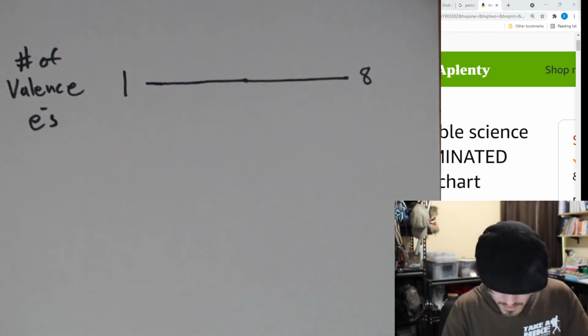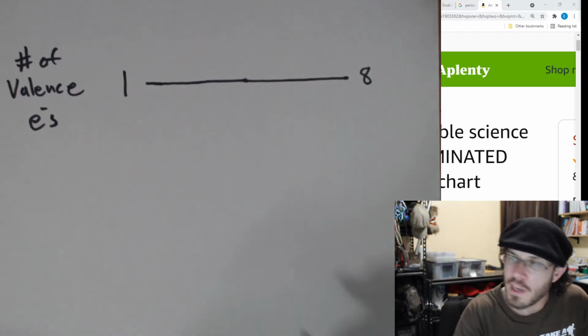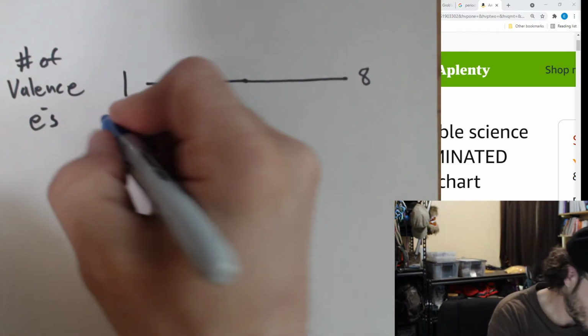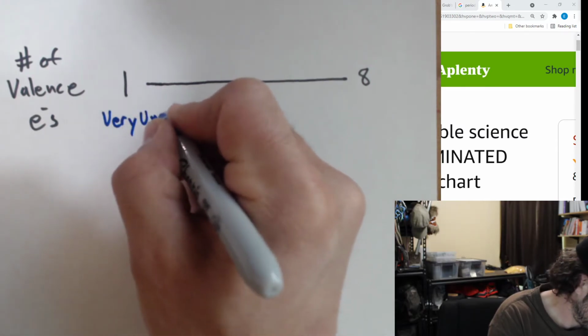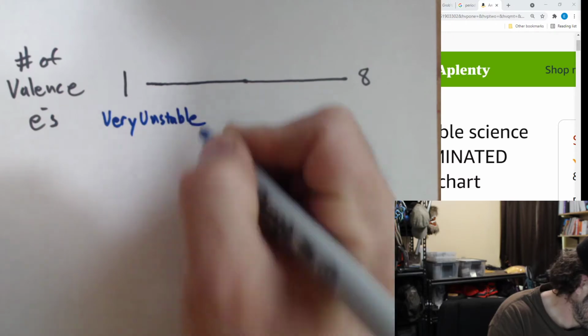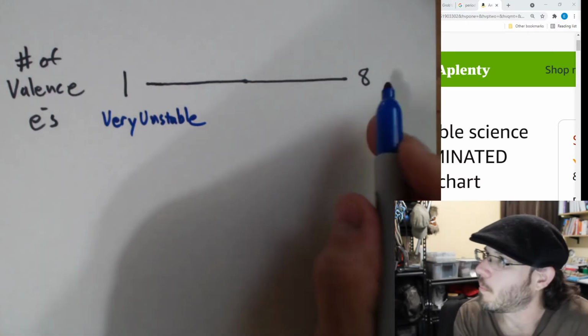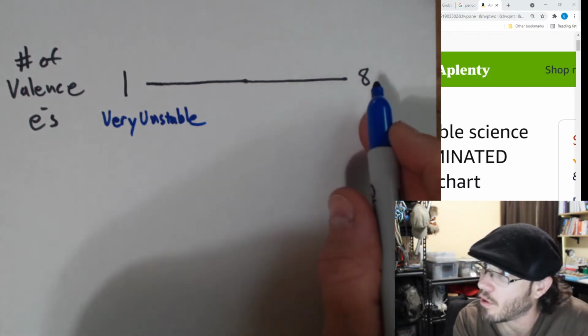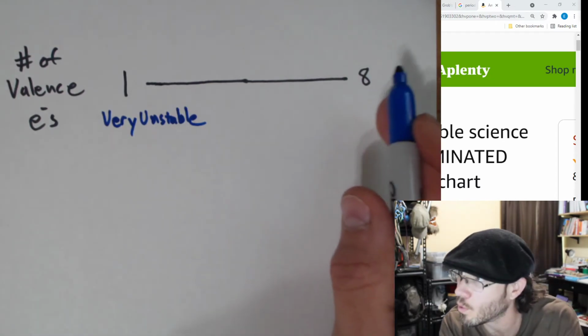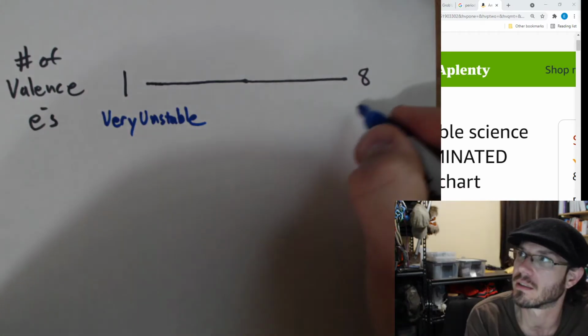In other words, if we have fewer, this is unstable. And the more that we have, all the way up to 8, means we have a very stable atom, one that does not want to give or receive valence electrons.